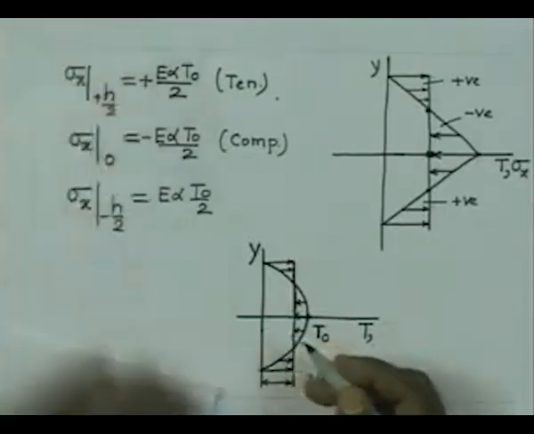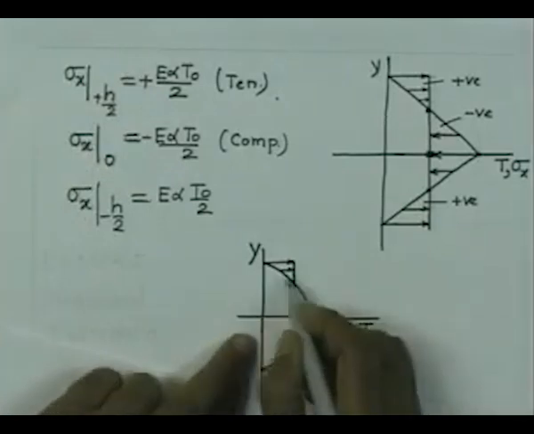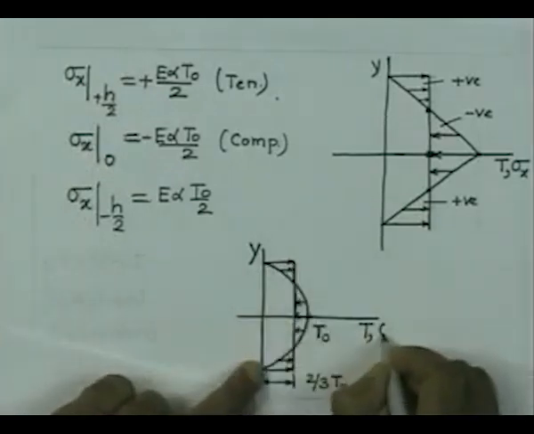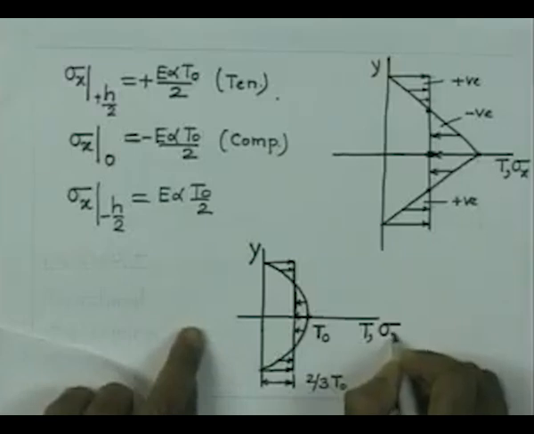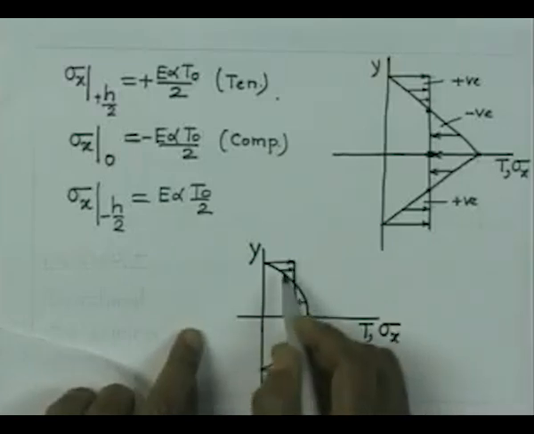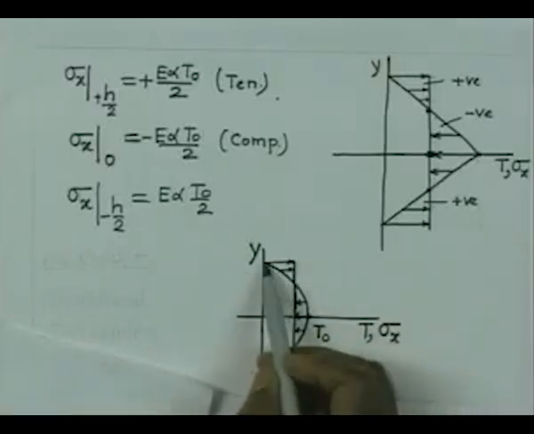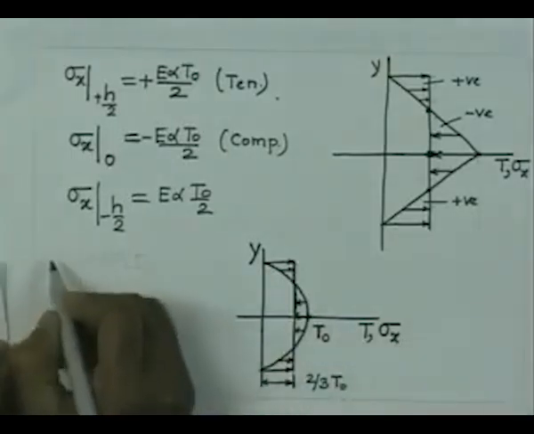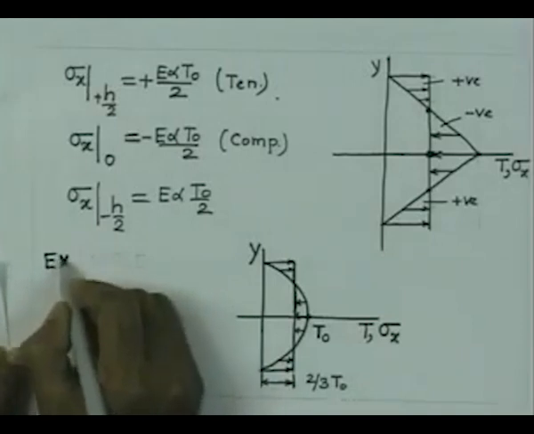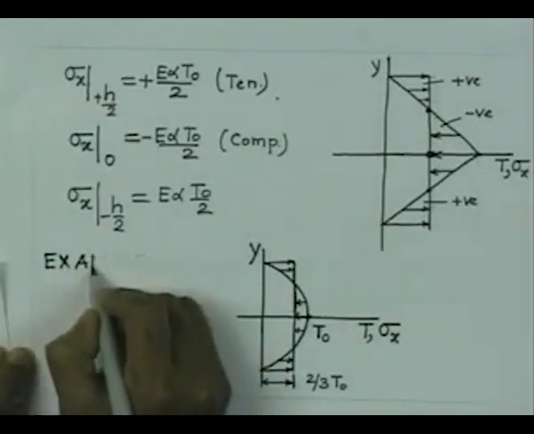So, this is to a scale E alpha by 2, the stresses. So, this to a scale are nothing but the stresses in the x direction. So, this is also one way of finding out the temperature stress distribution graphically.